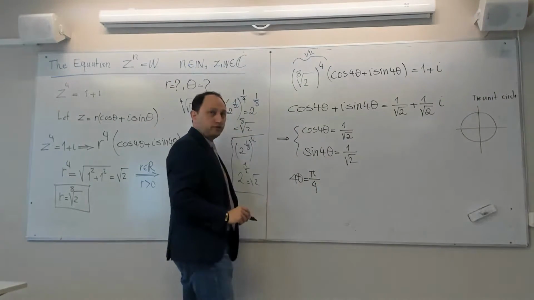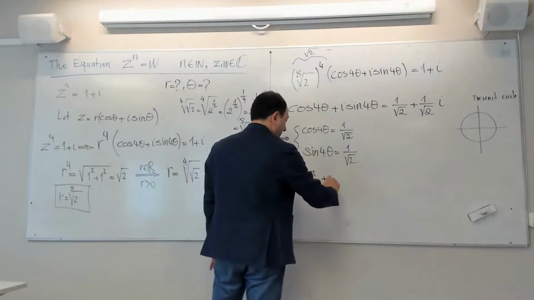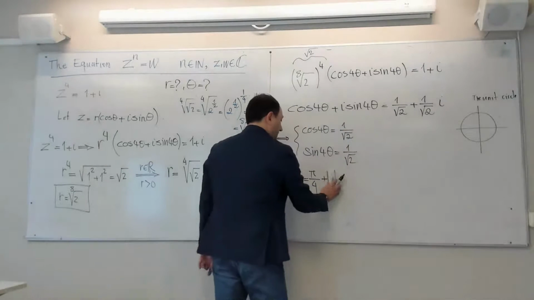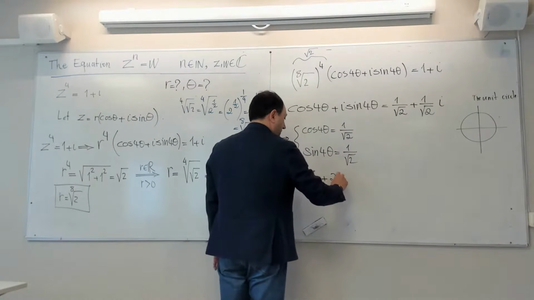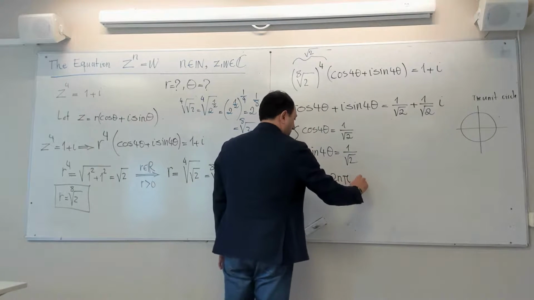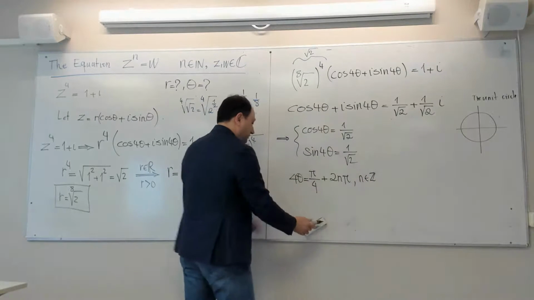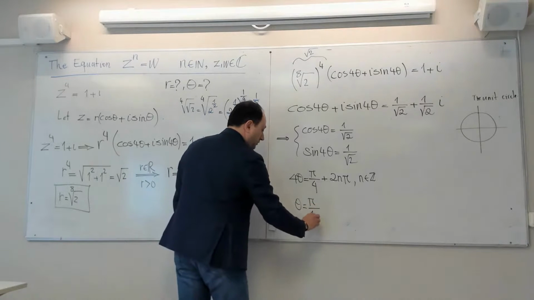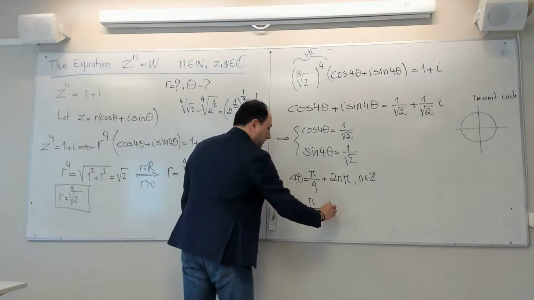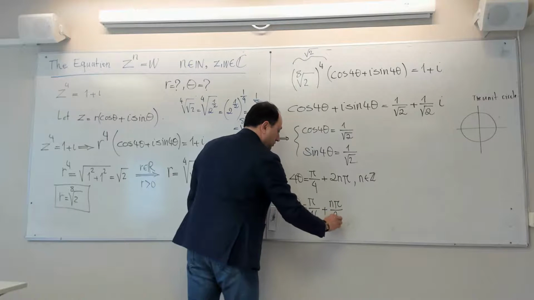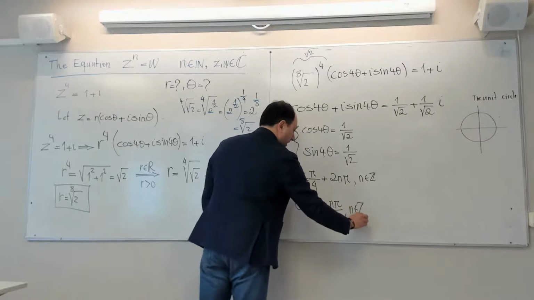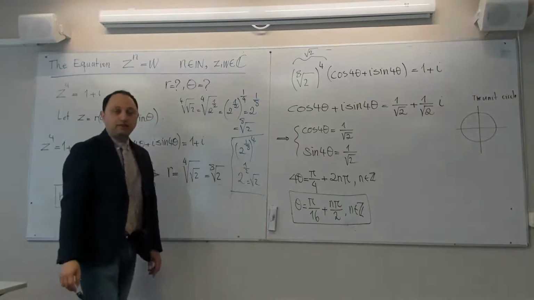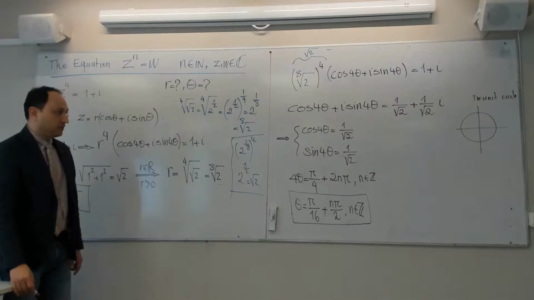But not just 45 degrees, but plus any even multiple of pi. n belongs to Z, and then I divide by 4, so theta becomes pi over 16. I divide this by 4, it becomes n pi over 2, n belongs to Z. Again, the same idea, the same scenario. You see, I've gotten infinitely many possibilities for theta.